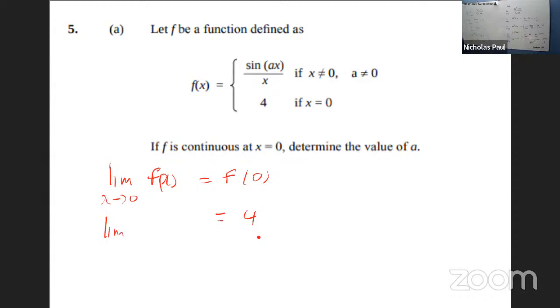So basically, you're trying to figure out what is A. Nothing changes, the same thing that we did before. It's just that you know what the answer is now.